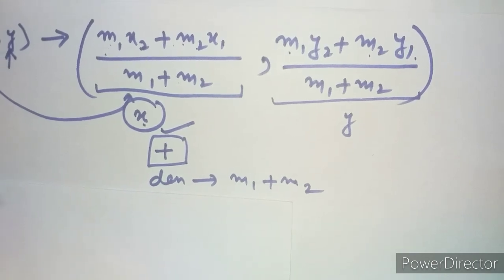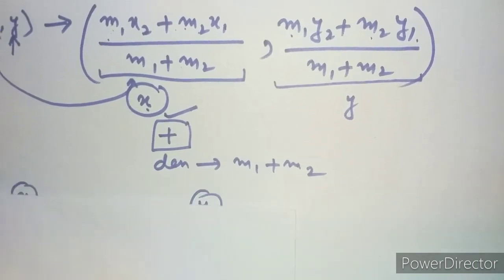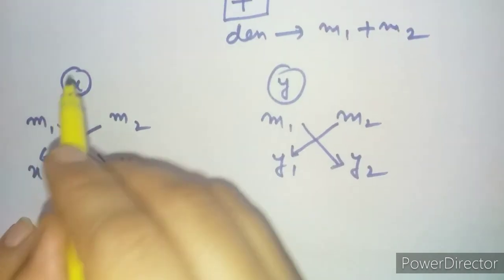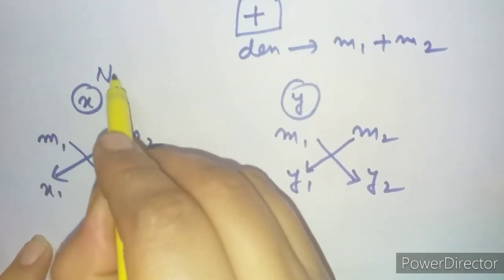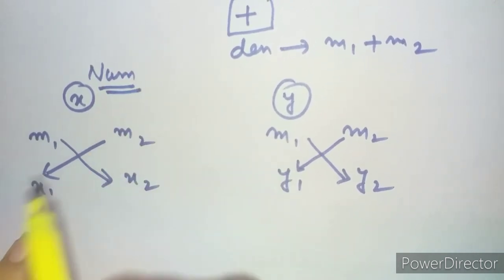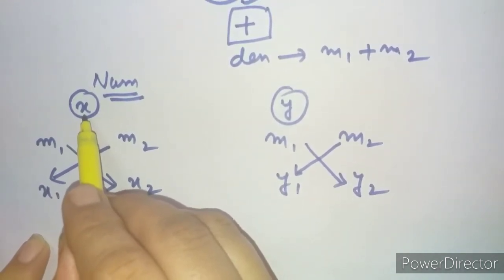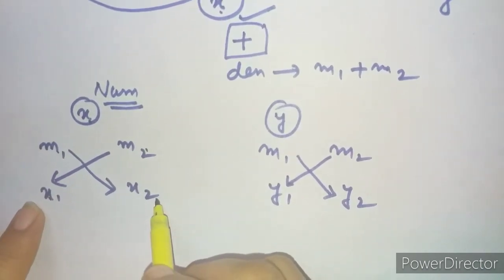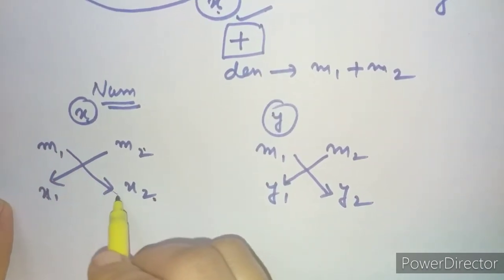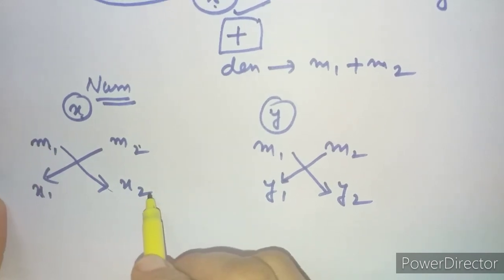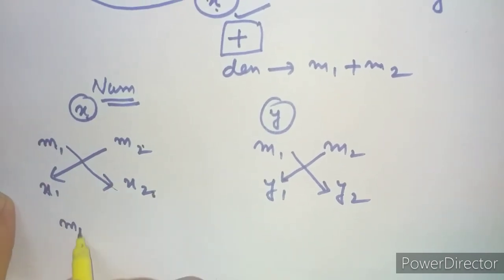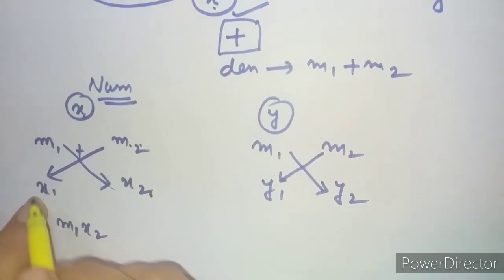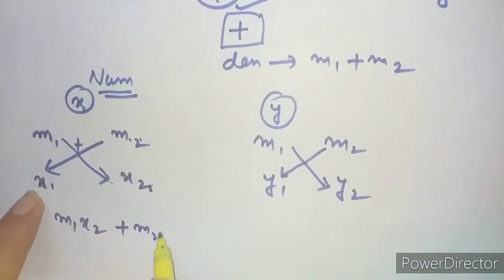Now I have written another hint for you; you can learn in a simple, easy way also. This is the hint to remember the numerator part only. When you have to write the numerator of x, if m1, m2, x1, x2 are written like this, then you simply take the cross of these: m1 x2, then add the second part, m2 x1.